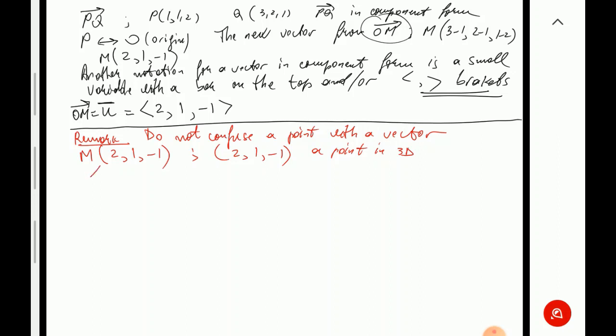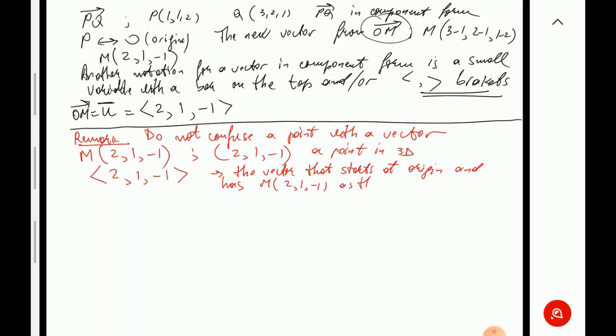However, if I use the angle-bracket notation, <2, 1, -1>, same numbers, this denotes the vector that starts at the origin and has M with coordinates 2, 1, -1 as the terminal point. So <2, 1, -1> denotes the vector itself in component form, while (2, 1, -1) denotes the actual point.